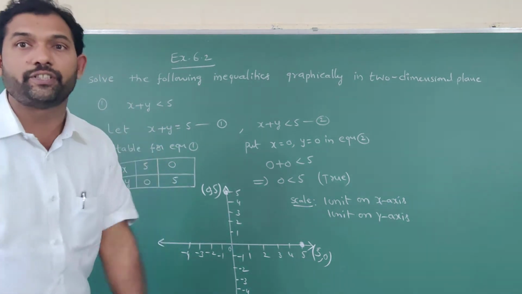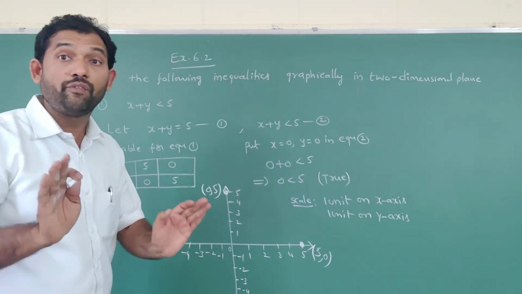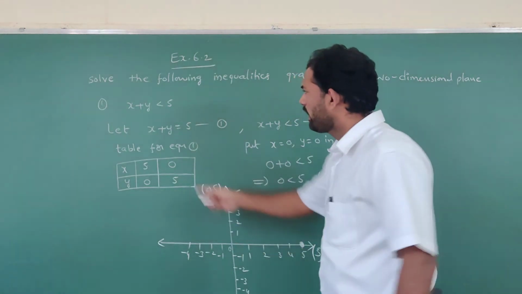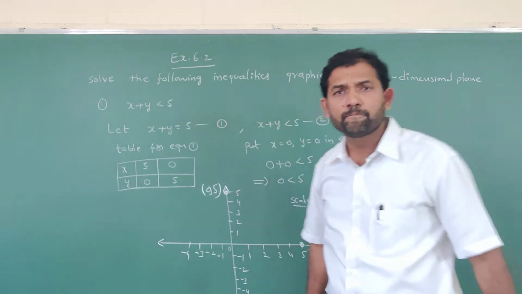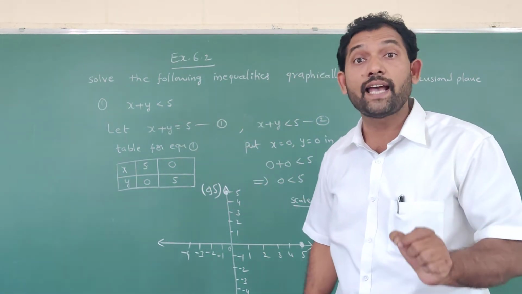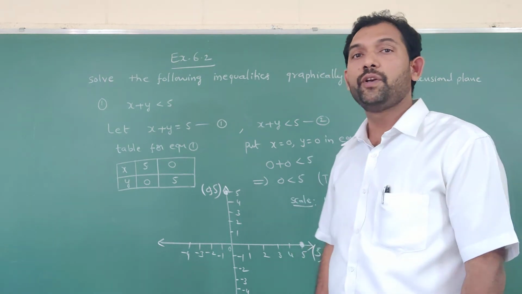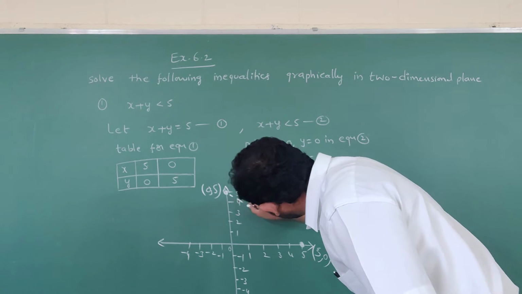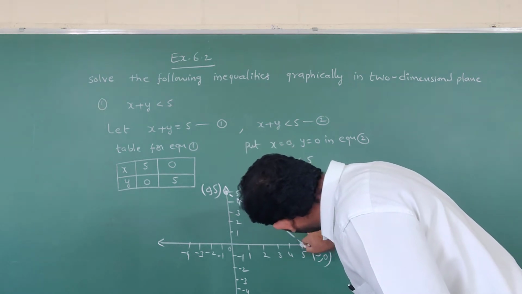How are we going to join? Take a scale, and see what is given here. Only less than is given, so you have to take a scale and join these two points with dotted lines.